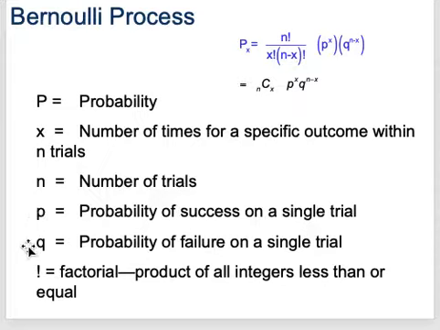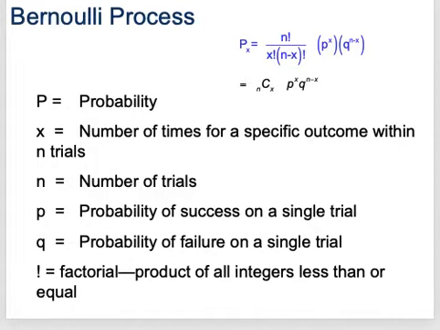The probability of failure, not getting a head, would also be 1/2 for tossing a coin. And this factorial is the product of all integers less than or equal to it. You would need that if you use the formula up here, but we're going to use the one that has the combination button, which hopefully you've used in Algebra 2. If you haven't, I'm going to show you where that is.